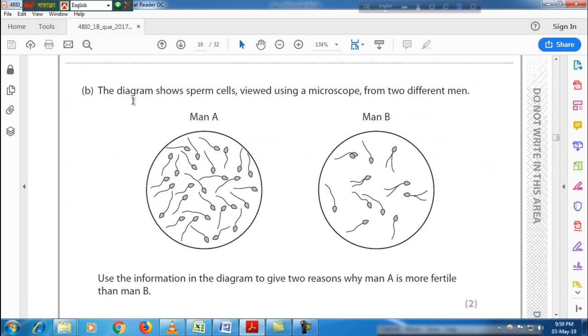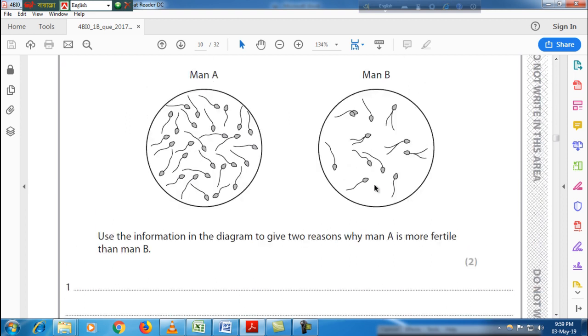Now let's go to the next question. 4b. The diagram shows sperm cells viewed using a microscope from two different men, man A and man B. Use the information in the diagram to give two reasons why man A is more fertile than man B. In the figure, it is seen that man A has more sperm than man B. That is one reason.